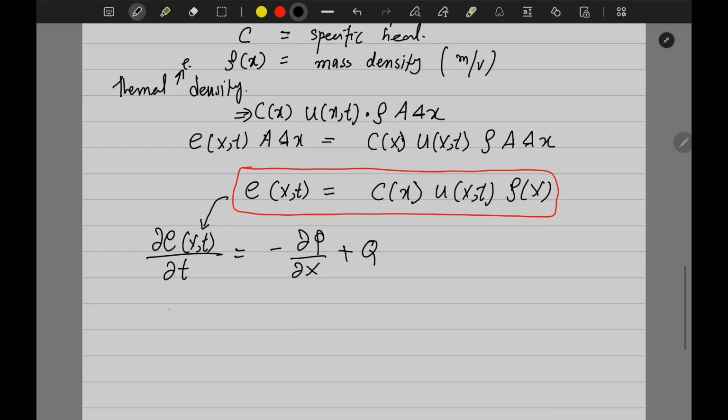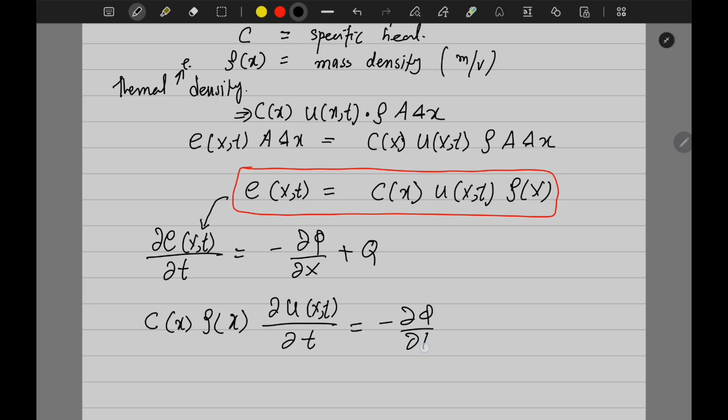After putting this E here, c is independent of time, ρ is independent of time, so they both will stay out of the integral, unchanged. The only thing is c ρ du/dt equals minus dφ/dx, and this φ is a function of time and x, plus q(x,t). So this is the equation.